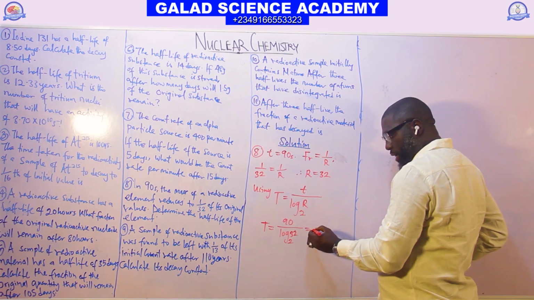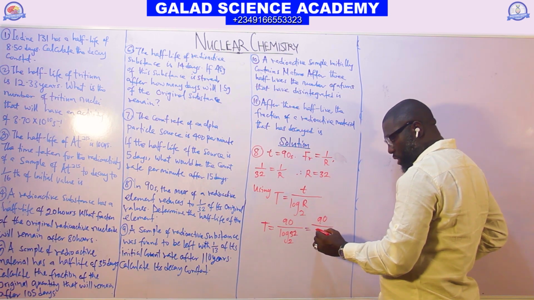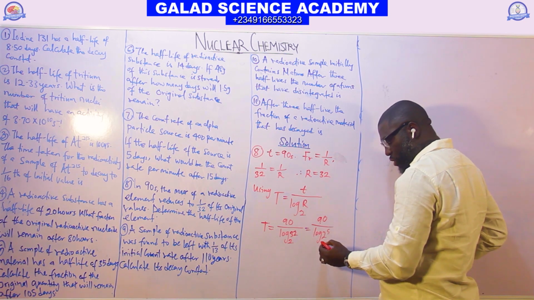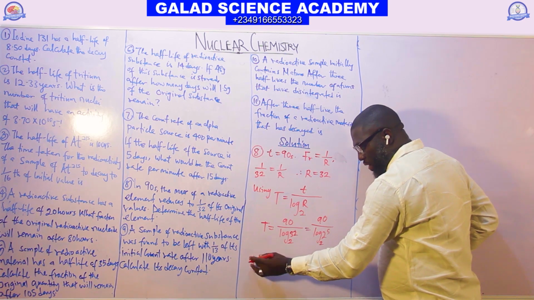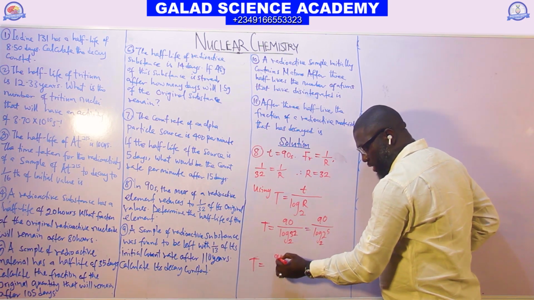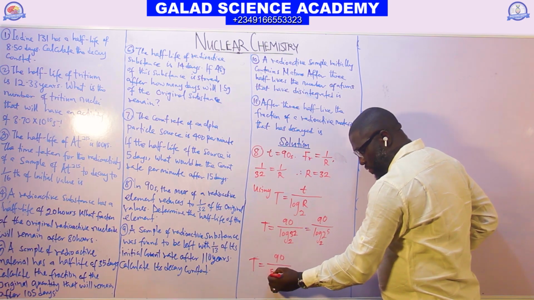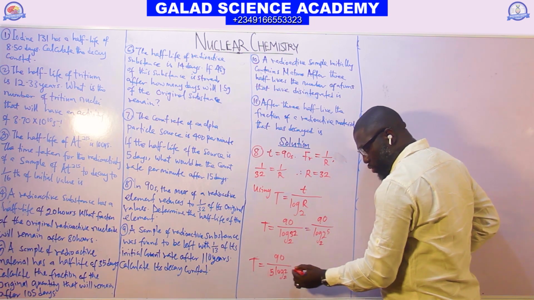Yes, you can write it in this form: 90 over logarithm of 2 raised to the power 5, which gives 32, to base 2. The 5 will come to the front. You now have T should be 90 into 5 into logarithm of 2 to base 2. Log 2 base 2 is 1.